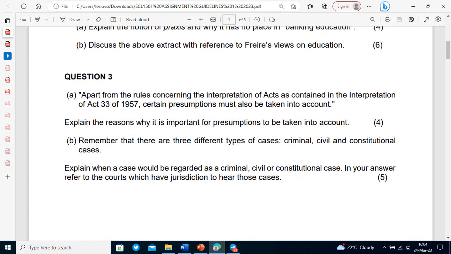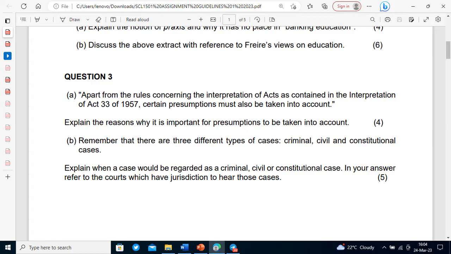Then question 3. Apart from the rule concerning the interpretation of acts as contained in the Interpretation Act 33 of 1957, certain presumptions must also be taken into account.